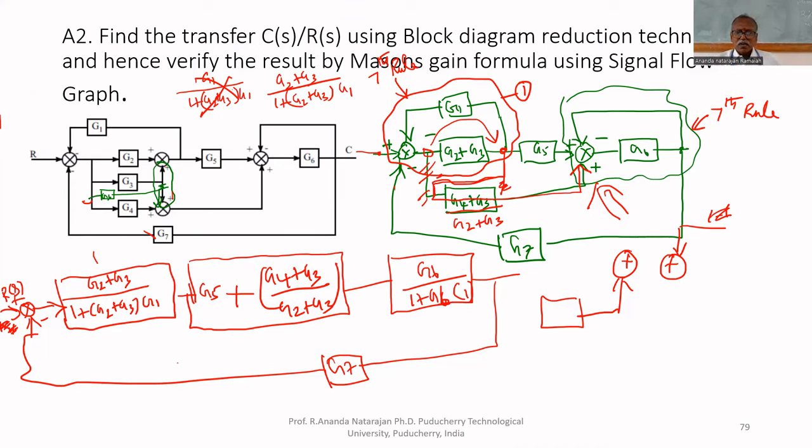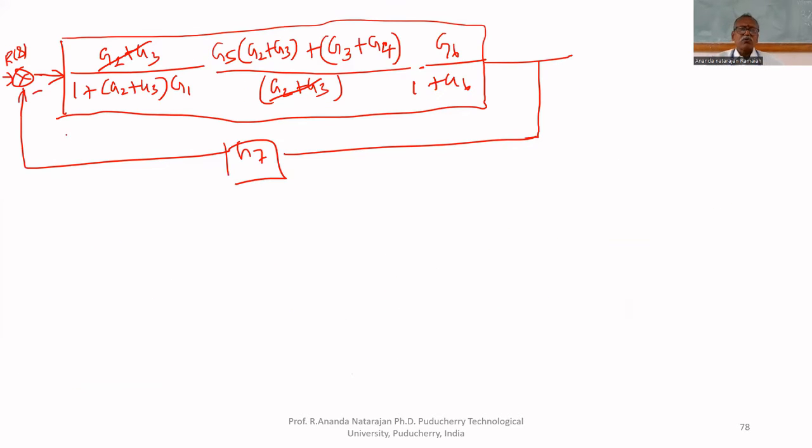That's all. Now we have to apply the 7th rule. So what in the numerator, forward path transfer function, am I writing? G2, G5 plus G3, G5 plus G6. Here also G6.